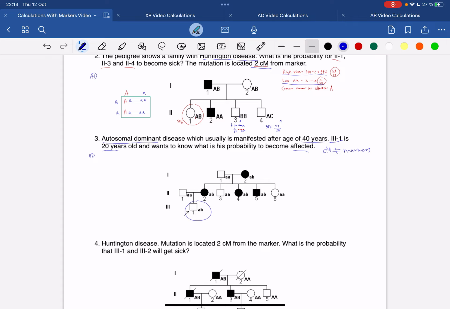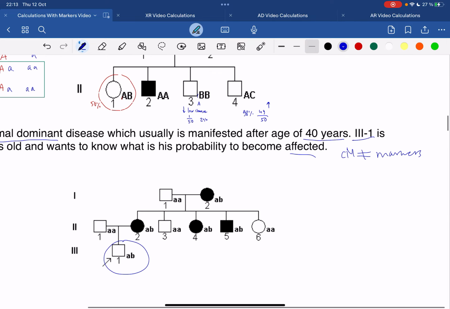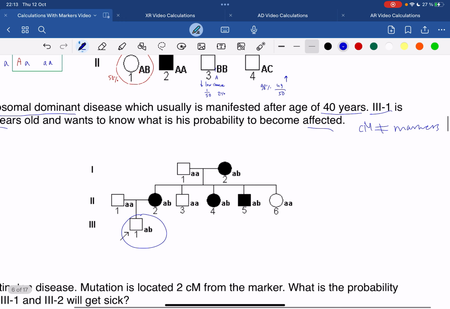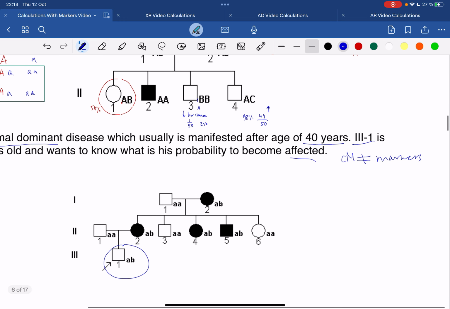So if there's no markers, we revert back to the 1/2 idea, or the fact that there is no crossing over happening. We know for sure that there's no crossing over if there's no centimorgans mentioned in the question.